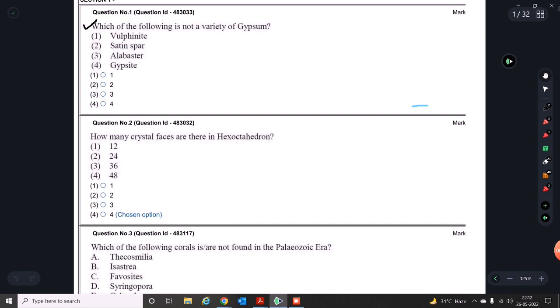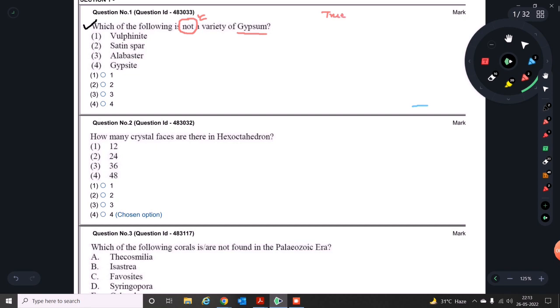Alright. So the first question we have, which of the following is not a variety of gypsum? Okay, just a second. So it says not a variety of gypsum. So basically, always read the question twice, whatever you get. Never miss such kind of things.